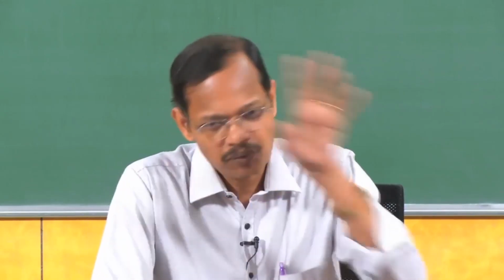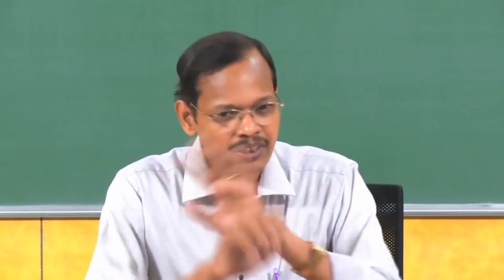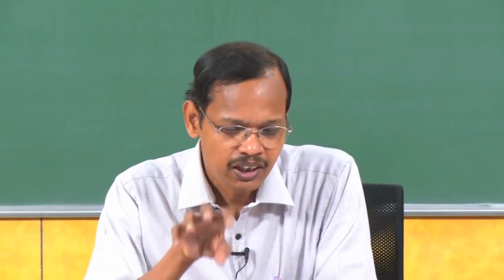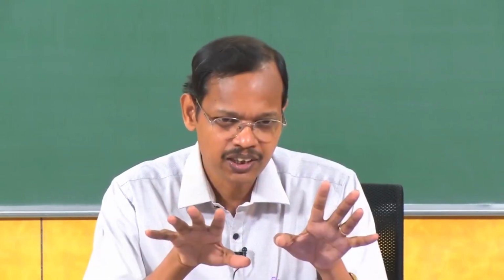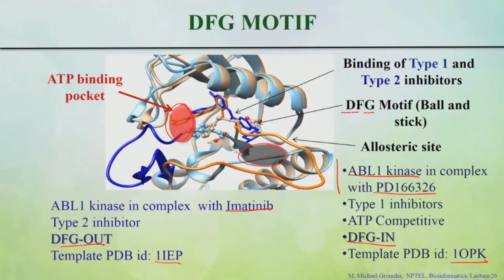Even if you do homology modeling, they do not bind anywhere, they bind only that particular place. In this case, you can focus on that region with the high sequence identity, where we get similar structures, and focus on these 2 conformations, 2 sites. Mainly you can see I showed this here, the DFG motifs, this is the ATP binding pocket and this the allosteric site. Here we focus on these 2 sites.